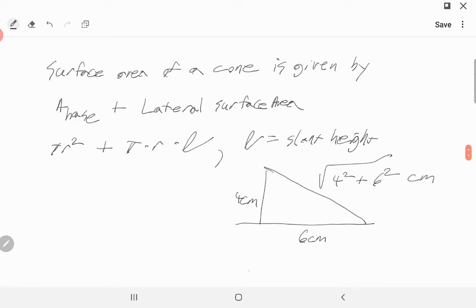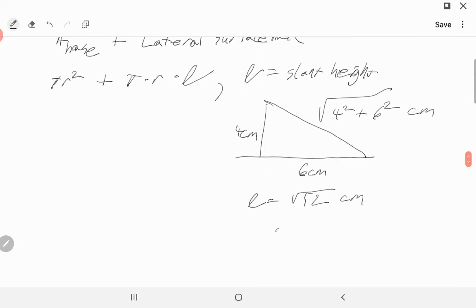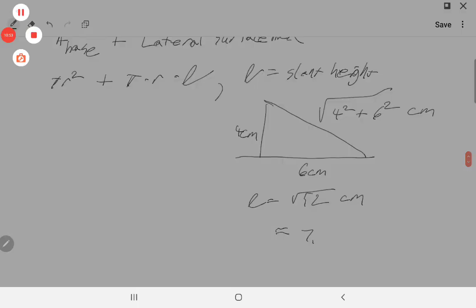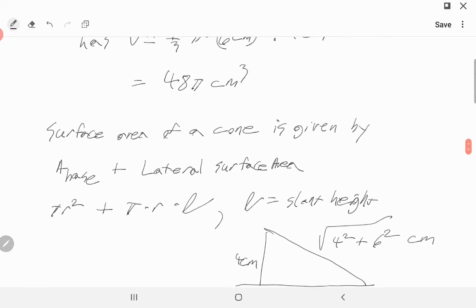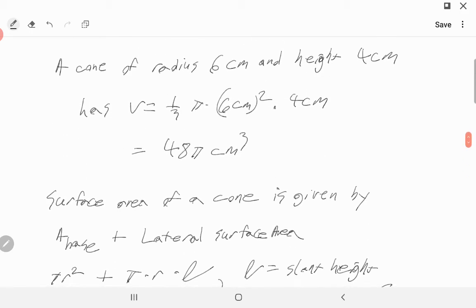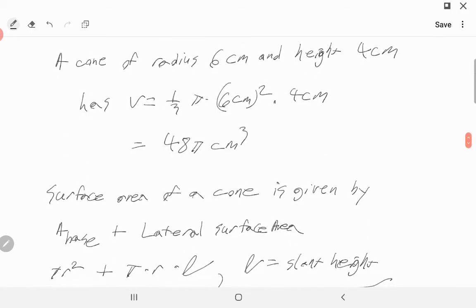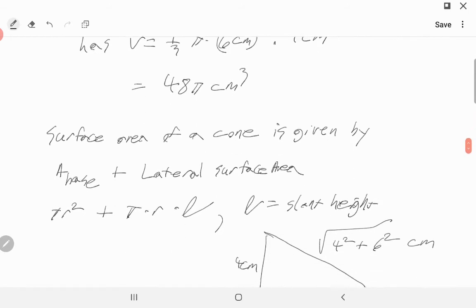And so the slant height turns out to be the square root of 36 plus 16 is 52, approximately 7.2 centimeters. And so for that cone, we had found that the volume was 48 pi centimeters cubed.